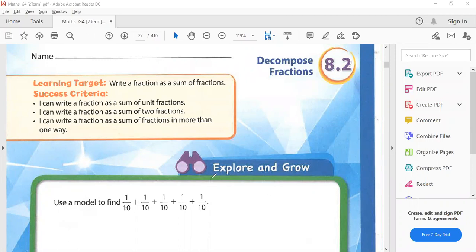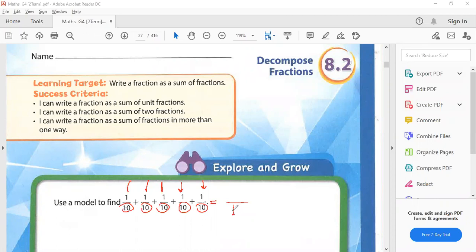Yesterday we said that if we have a similar question like this, we need to add 1 over 5 plus 1 over 5 plus 1 over 5, 5 times. We have 5 fractions, each one equals 1 over 10. So we need to add 1 over 10 plus 1 over 10 plus 1 over 10, 5 times. We have the same denominator, 10, so we put it down.